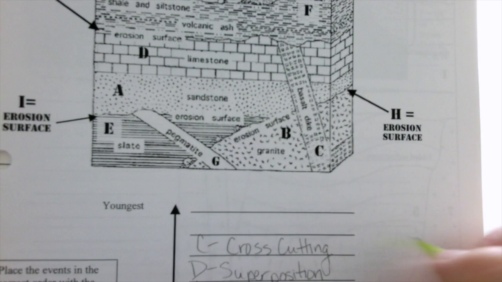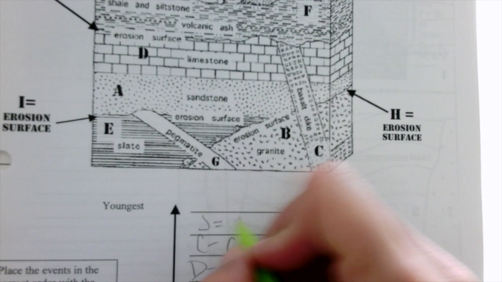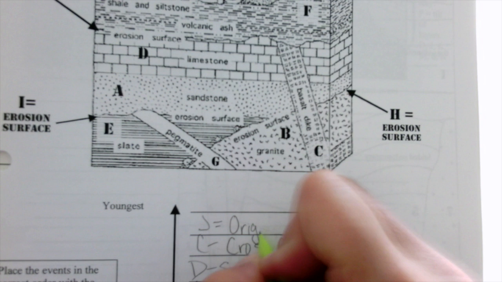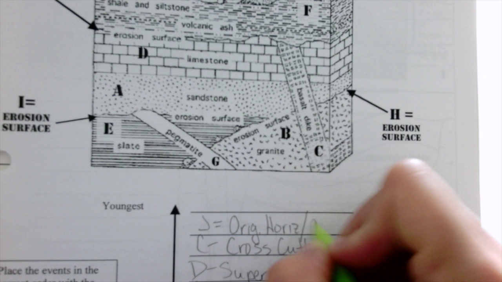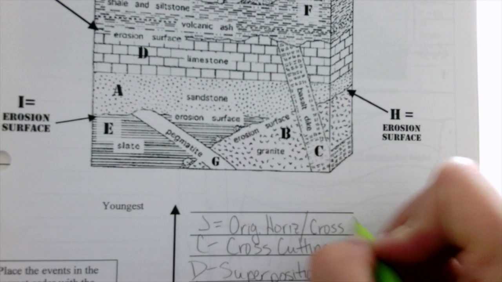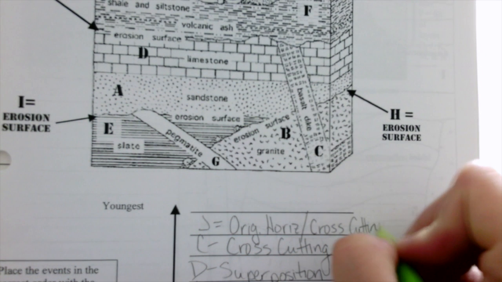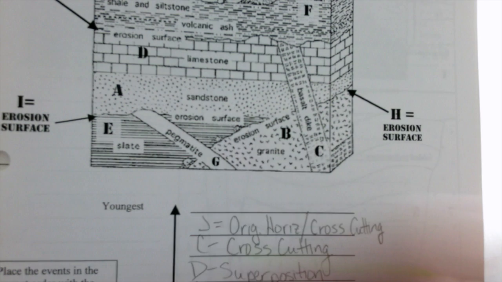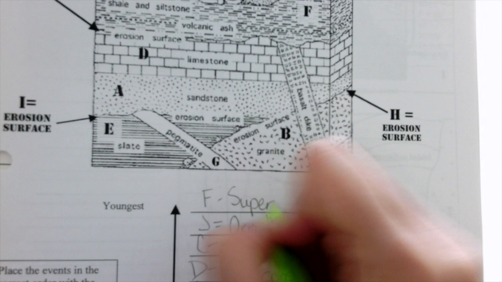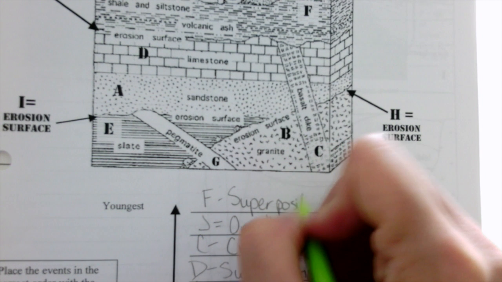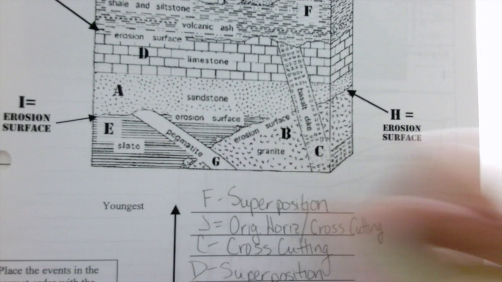After C comes J, again by original horizontality or cross-cutting. And then finally comes F by superposition. Okay, so there is your final order.